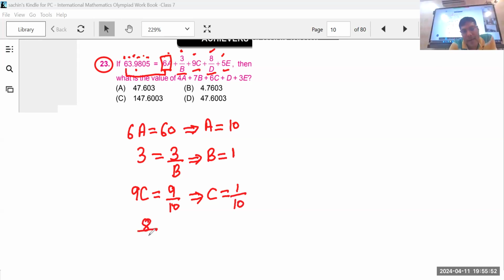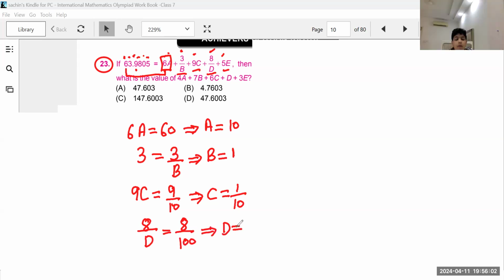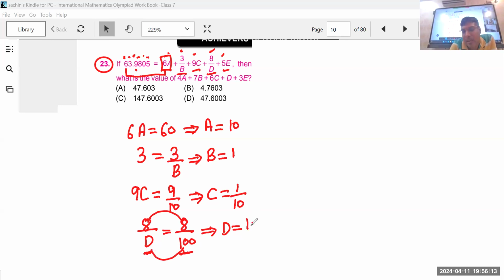Now 8 by D is equal to 8 by 100. So what will be D equal to? Sir, 1 by 100. Beta, this time D is in the denominator. So both the numerators are same, so denominators will also be same. D will be 100.